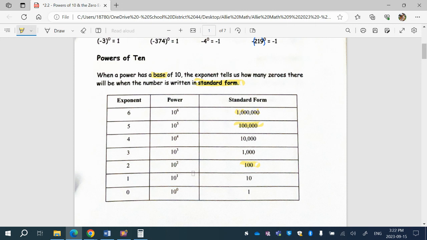And 10 to the power of 1 has just 1 zero. You can see that the powers are going down by 1 each time, and the zeros are going down by 1 each time. That shows that if we have an exponent of 0, we're just going to end up with 1.